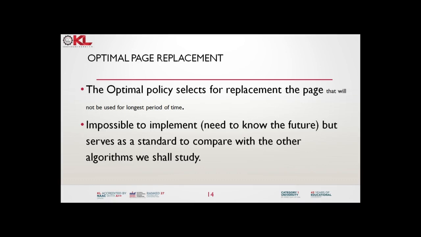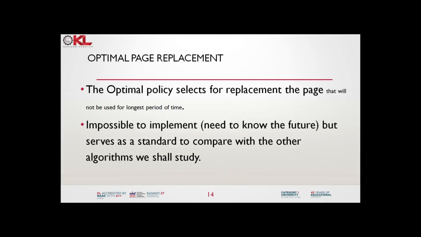When I want to swap in my 2 somewhere in my frame, I have to verify whether the frames which already exist in my main memory are going to be used in the future or not. I have to verify as per the sequence: whichever is going to be used last, that is going to be my replacement point.